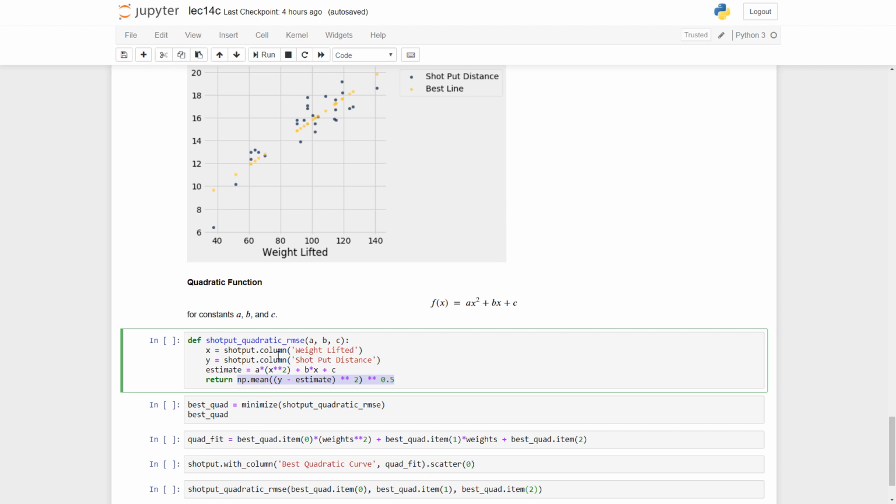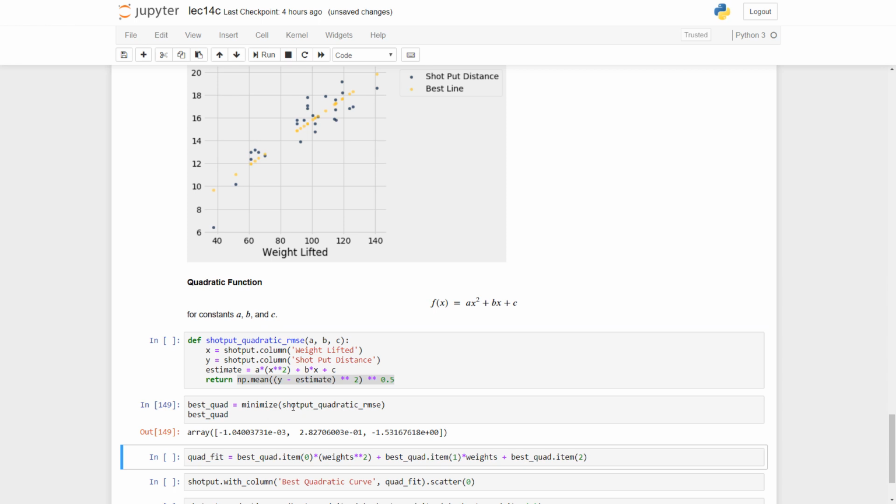So that's the function that we want to minimize. Minimizing this function means that we need to find the values of a, b, and c that will give the minimum value of that function, which will indicate the equation for the quadratic function. So let's minimize it. When we minimize it, of course, we'll get three values this time because the function has three parameters, a, b, and c.